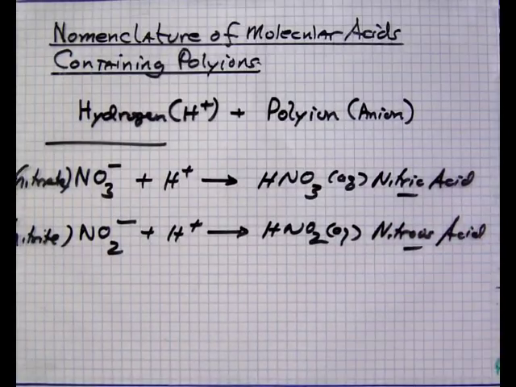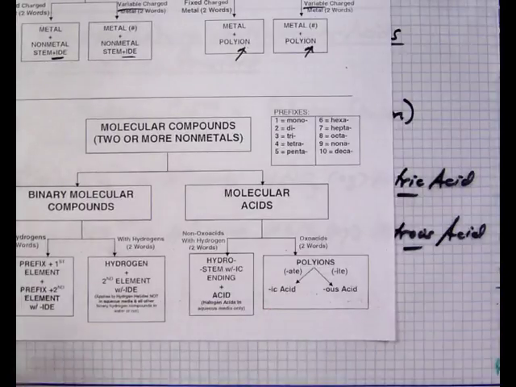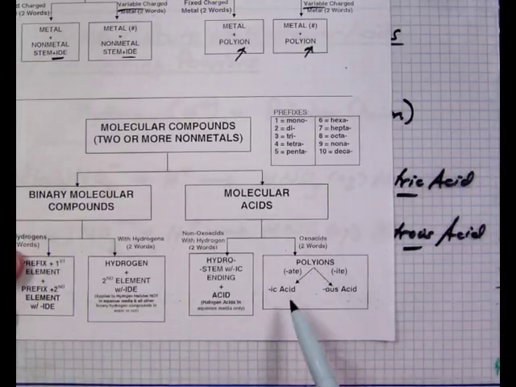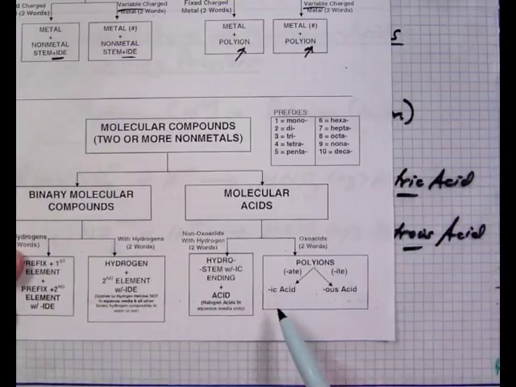If you look at your flow chart, your polyions are going to end in ATE or ITE. Nitrate, nitrite. And so you look down here and you learn to, it's a little like sulfur. You don't go sulfurous acid, sulfuric acid, you go sulfuric. So you'll have to make some adjustments. But if the ending is an ATE ending, you drop the ATE ending and you put ic acid on whatever the polyion is.